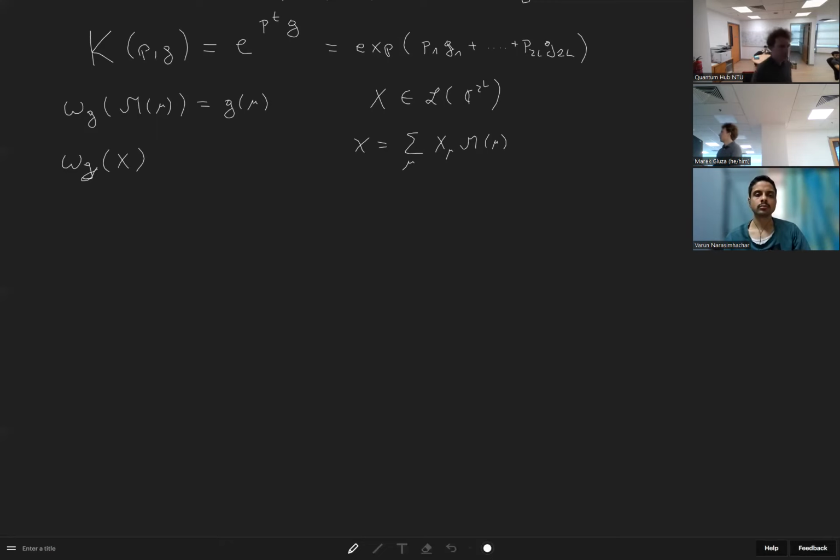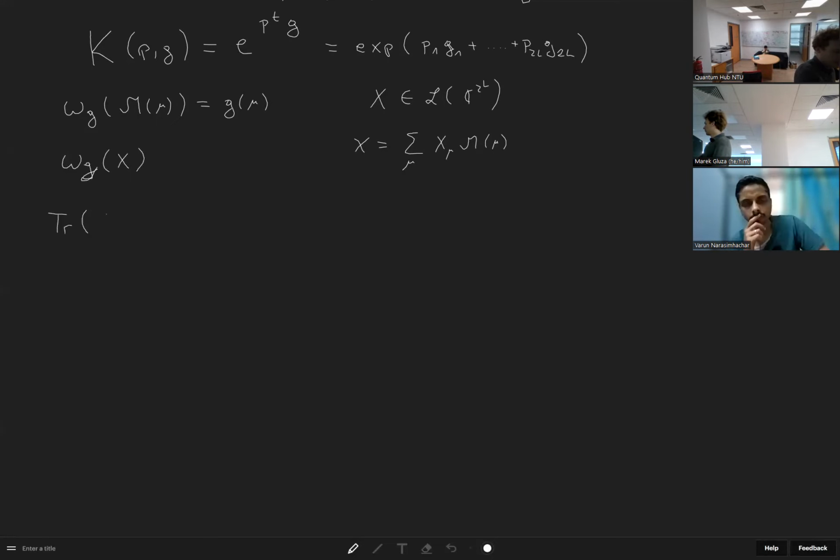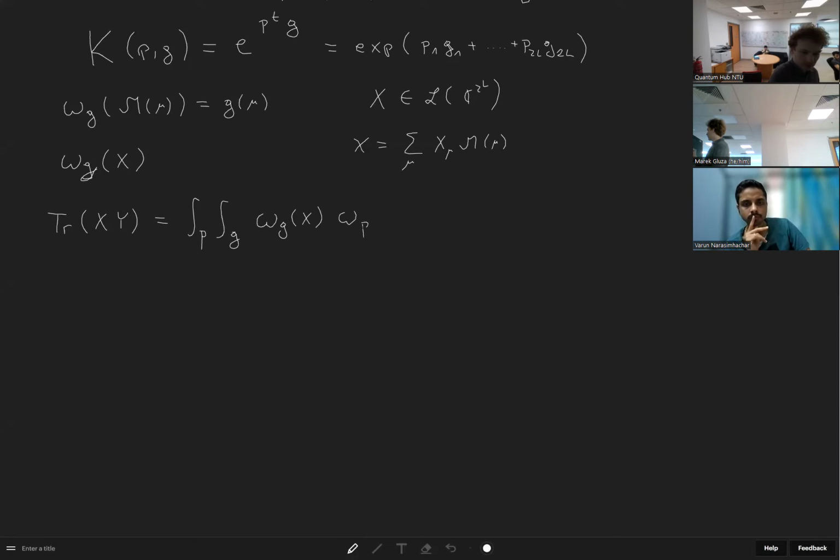And now what we want to show today is that if I'm multiplying two operators together, then I need to integrate against P and I need to integrate against G. I need to take the symbols of both, so each one goes to a separate symbol.